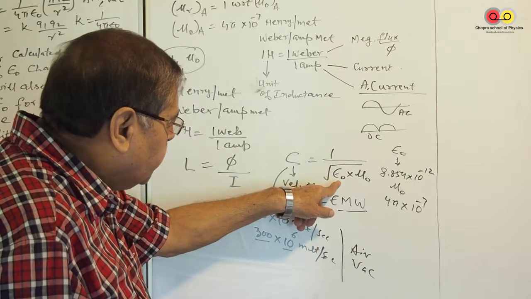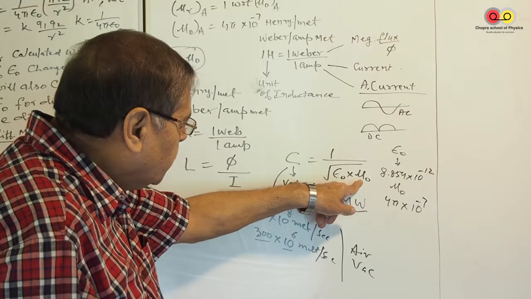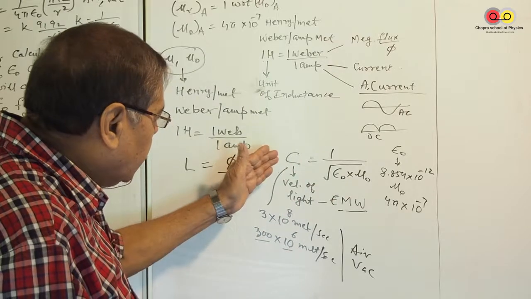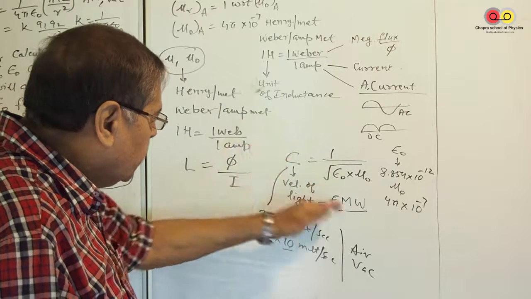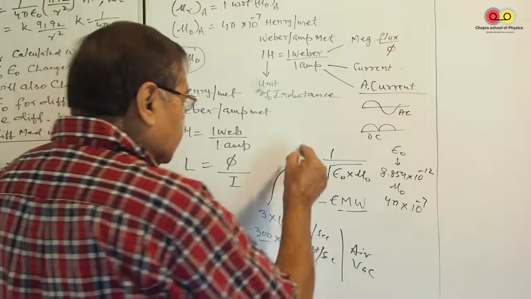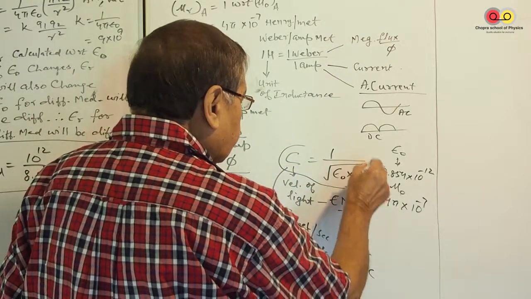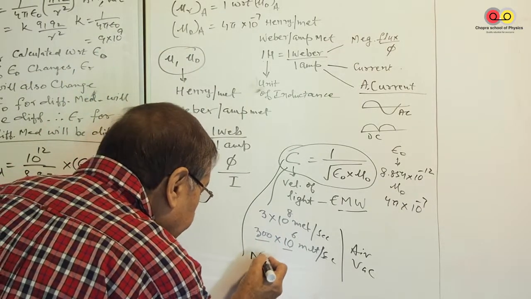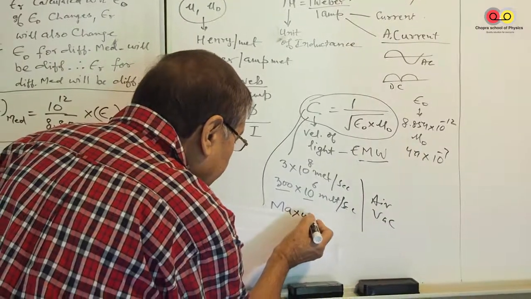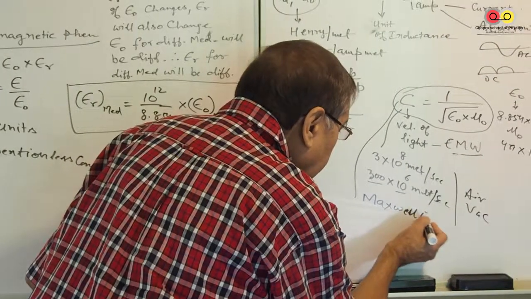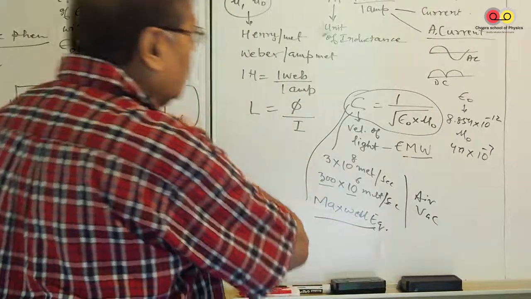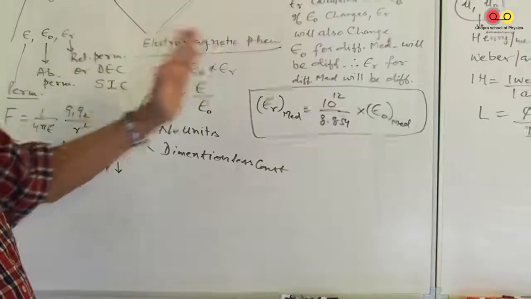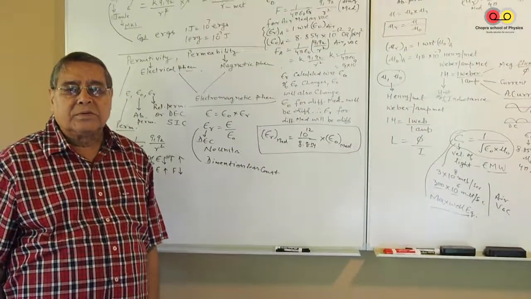Absolute permittivity of air medium, and this is absolute permeability of air medium. So this is how we estimate the velocity of light or the velocity of electromagnetic waves. And this formula which I have written is called the Maxwell equation. I hope you will remember all these concepts, and in our next classes we are going to have the application of all these things. Thank you very much.